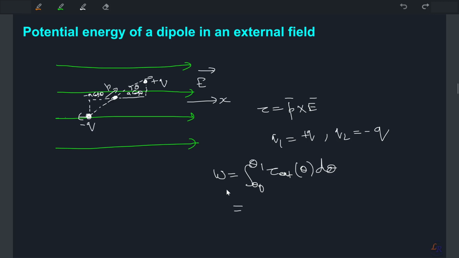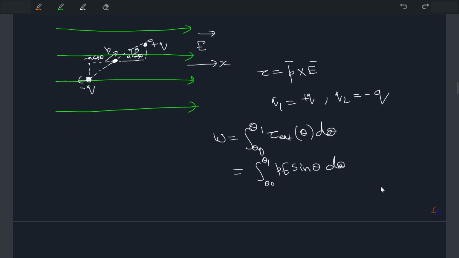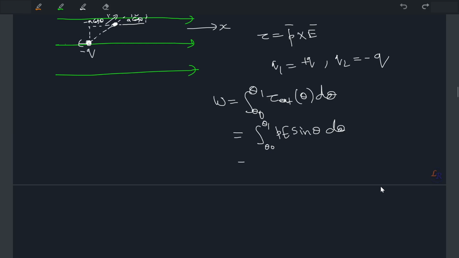So this can be written as the integral from theta 0 to theta 1 of PE sin theta d theta. Now you integrate it, and then you will get PE times the bracket cos theta 0 minus cos theta 1, right?